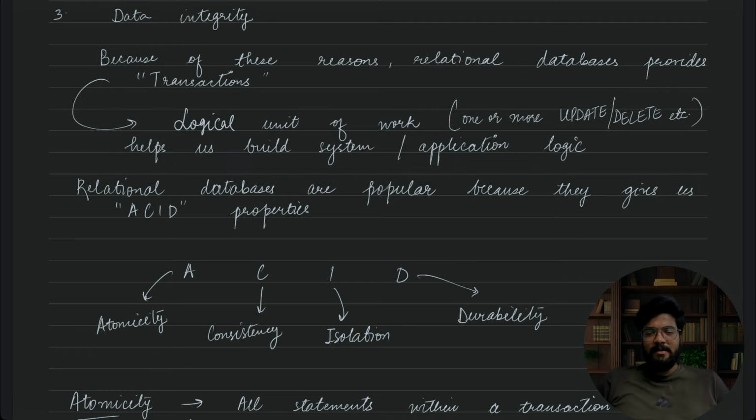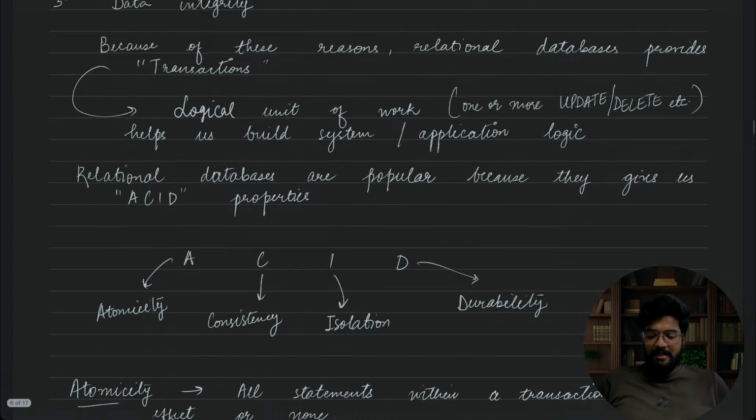Transactions are just a logical unit of work, and they help us build systems and application logic. Consider a transaction as a group of different kinds of statements like update, insert, delete, and these transactions are governed by the ACID properties.